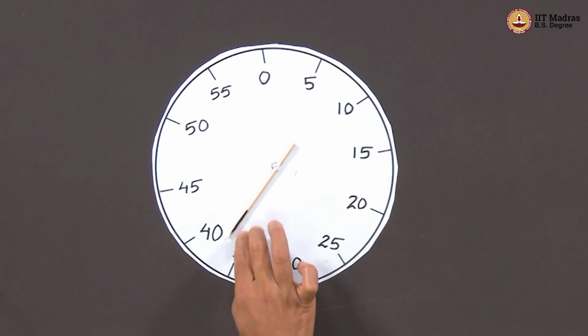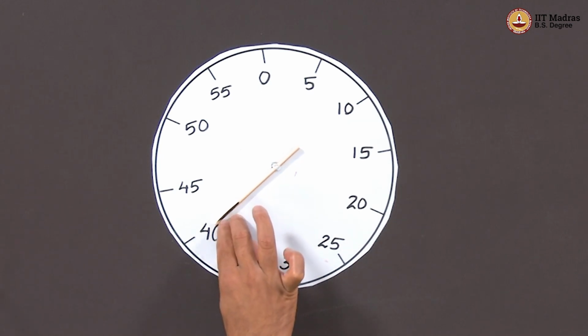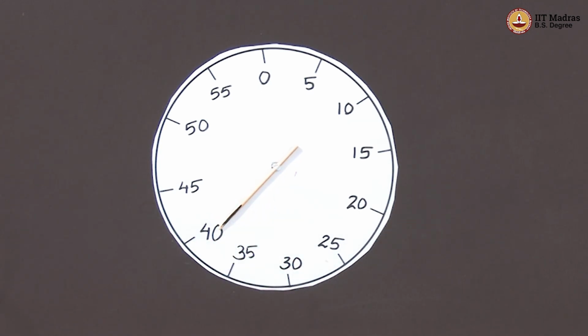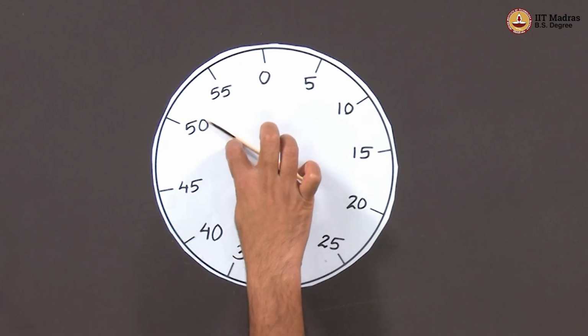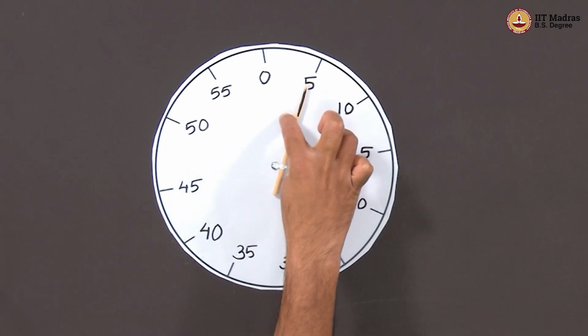But every time you cross the 60-minute mark, you get an answer different from the number line. Let us do another one: what is 40 plus 25? That would be 65 on the number line, but on the clock you are actually at the number 5.